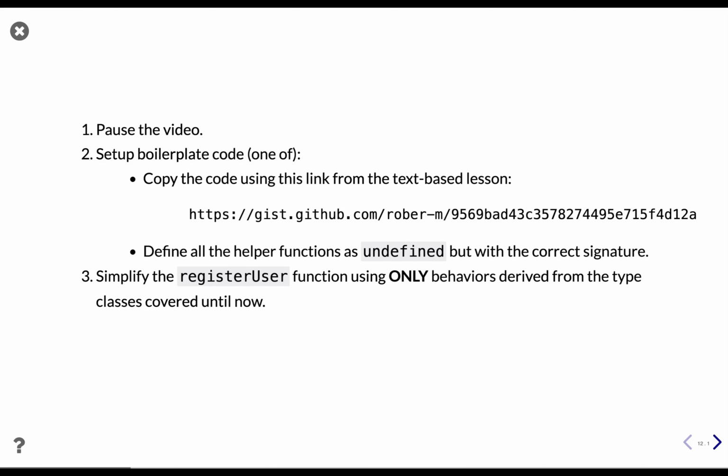If you actually tried, you might have noticed a small but key difference between the create user function that we could greatly simplify using the applicative functor and the register user function we couldn't. And that is, unlike with create user, where all actions are independent and the results are used all at once at the end, in register user, we use the results of some actions as inputs to other actions.